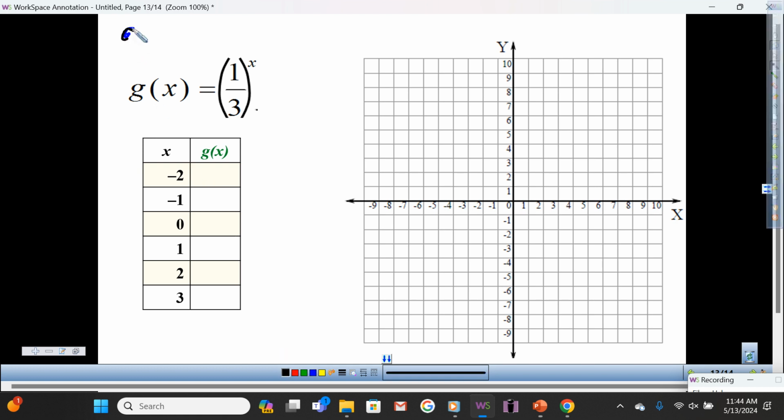We'll do that here. G of x equals a times b to the exponent of x minus h plus k.